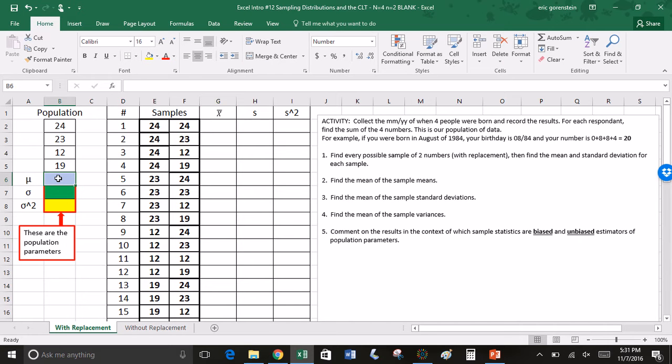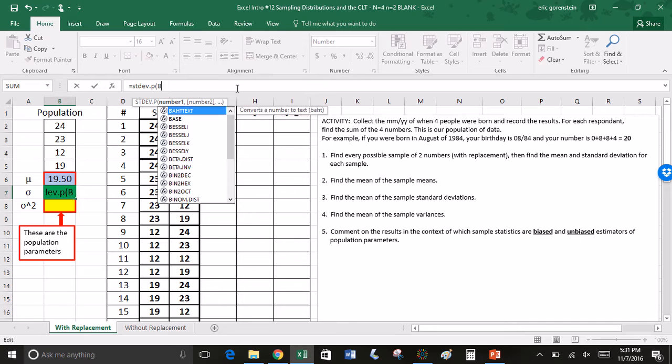So let's get the population parameters. For the mean, we'll do average of B2 through B5. There's the mean. Standard deviation, now remember this is a population, so we use STDEV.P for population. Oops, sorry, I forgot my equal sign. I do that pretty often.